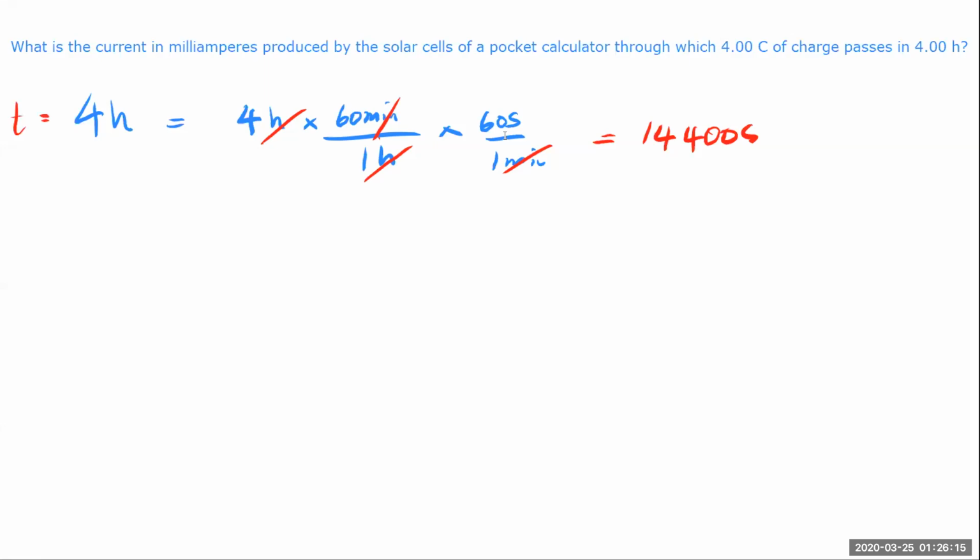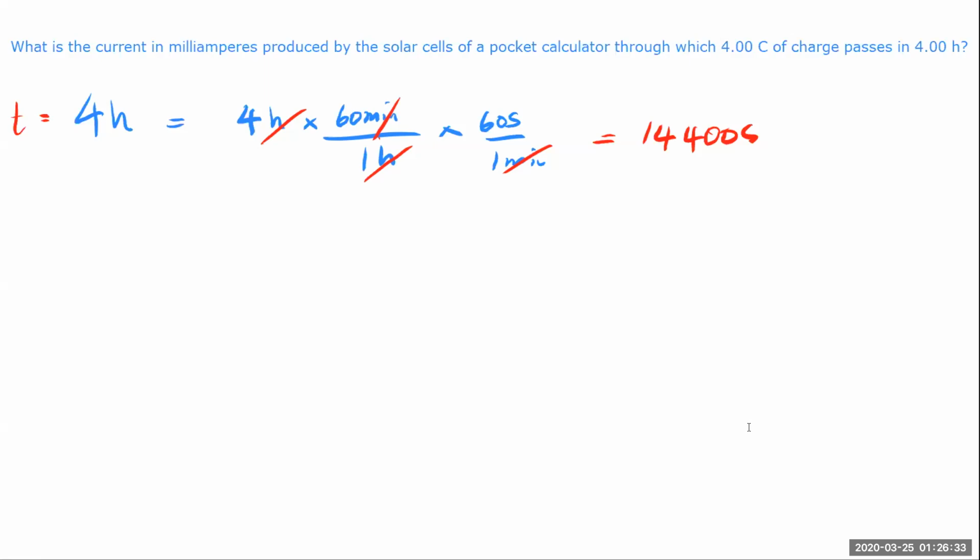Okay, so what do we do from here? Find the amperes. How? Divide the charge by the seconds. Okay, so tell me the equation to write.